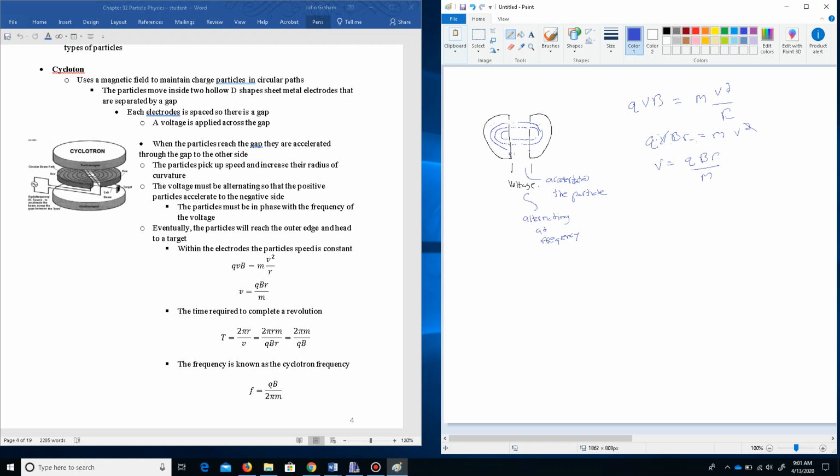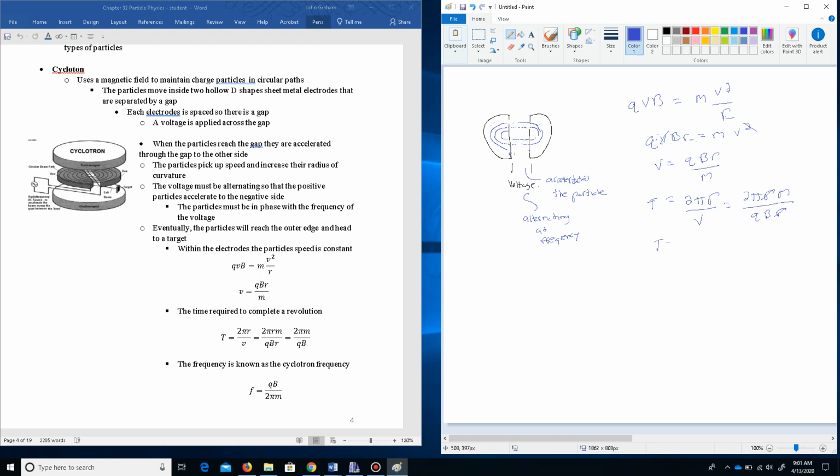Since we are having this move within this electrode, the time it takes to move through a complete revolution is going to be the circumference of this electrode, so 2 pi times the radius over that velocity. And so if we plug in the velocity, we get 2 pi r m over q B r. This m comes because that's in the denominator. So the radius can be cancelled.